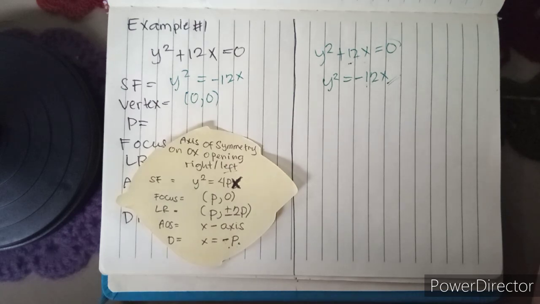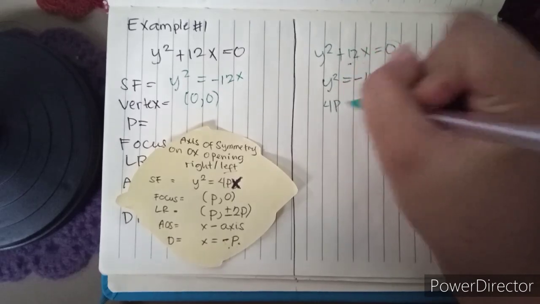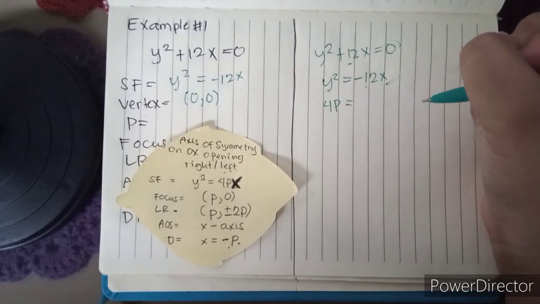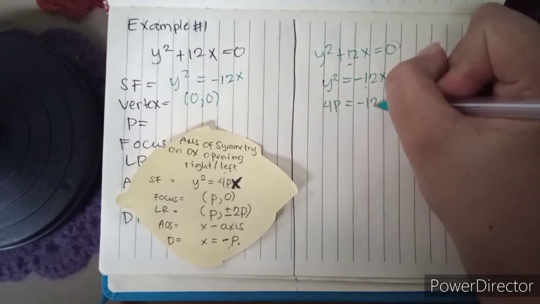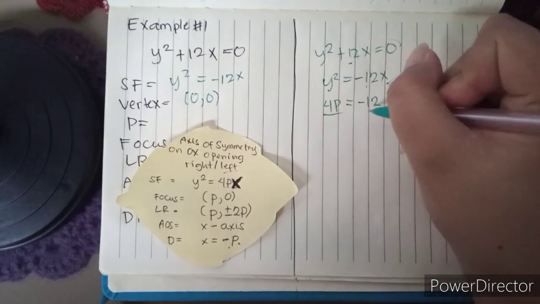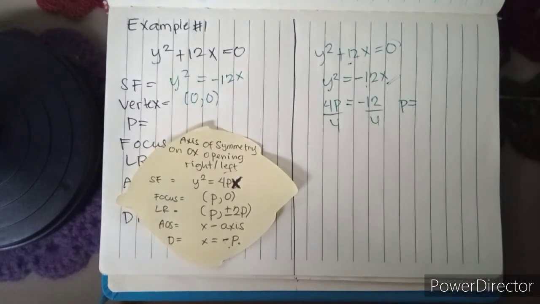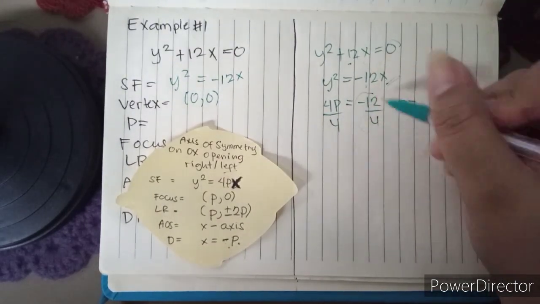Okay? Next is for the value of p tayo. So, for the value of p, hanapin muna natin si 4p. So, si 4p, ang location niya ay nakay negative 12. Then, since ang kailangan lang natin ay si p, we need to divide it both sides by 4 para maiwan lang si p. So, magiging negative 12 divided by 4.